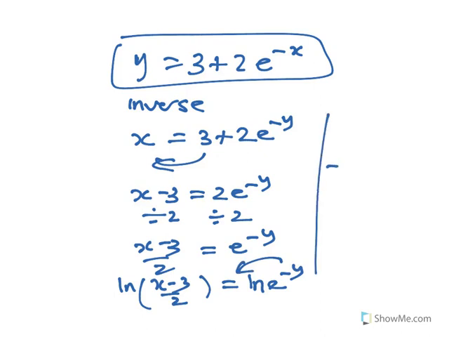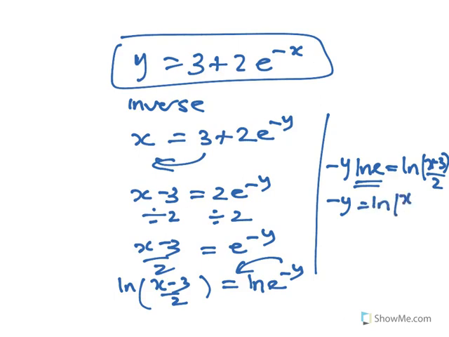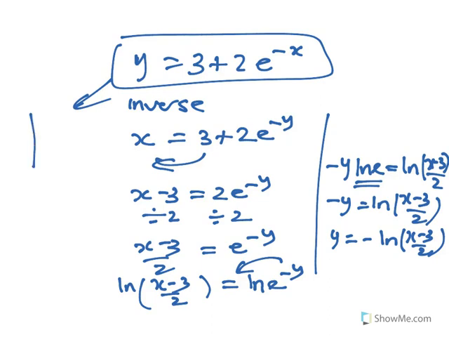Minus y comes down, you've got minus y ln e is ln((x - 3)/2), ln e is 1, so it's minus y is ln((x - 3)/2), and then y is minus ln((x - 3)/2).